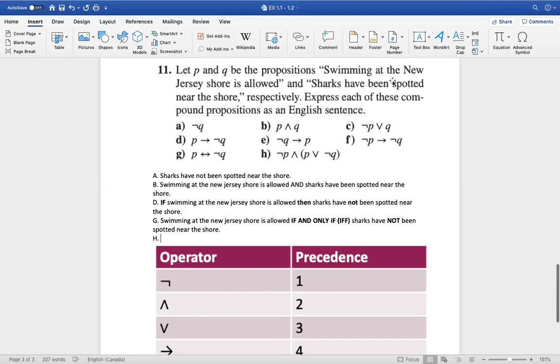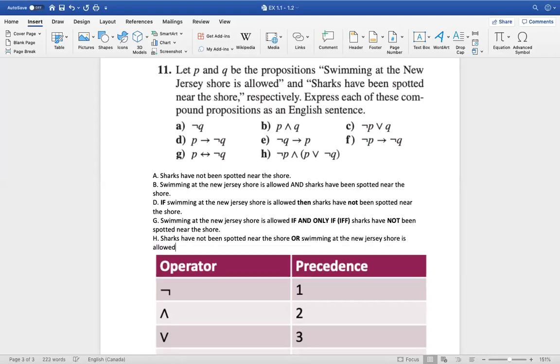So sharks have not been spotted near the shore, or, because of the or sign here, swimming at the New Jersey shore is allowed, right? And here, we will deal with this negation of P now. So swimming at the New Jersey shore is not allowed.